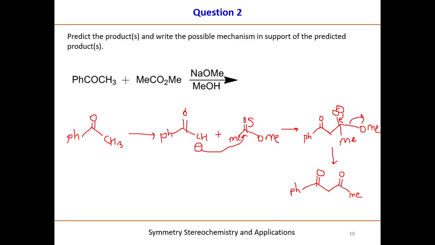Then it forms this tetra-substituted carbon intermediate. Then the negative charge will push here, and this OMe group will knock out to give the corresponding 1,3-diketone as a product by the Claisen condensation reaction.